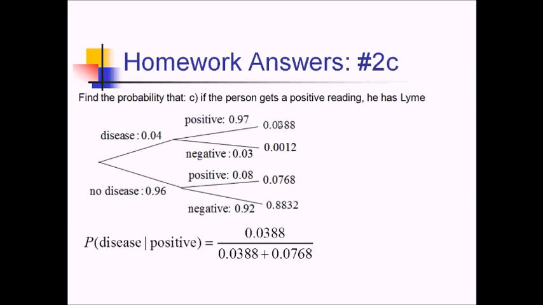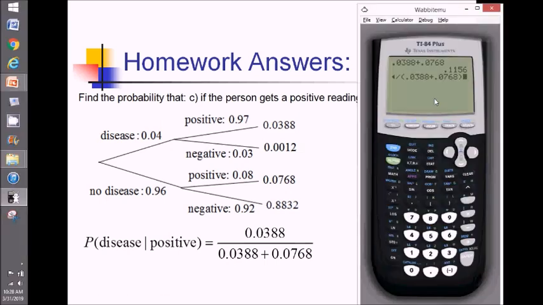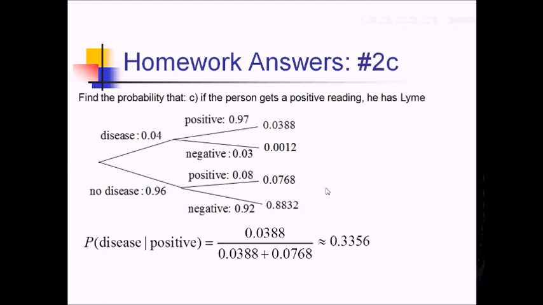So 0.0388 plus 0.0768. So the denominator is the probability that you got a positive reading, and we're dividing that into the probability that you have a positive reading and the disease. Calculator time now. Dividing all of that out, I'm getting about 0.336 if we round it off, or 5.6, depending on how far you want to go.